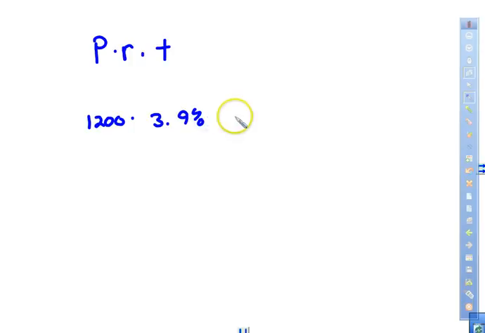So now let's look at our next one, which is interest. And so remember, our interest again is P times R times T, principal, rate, and time. And we're going to have $1,200, 3.9% interest, and 8 months.